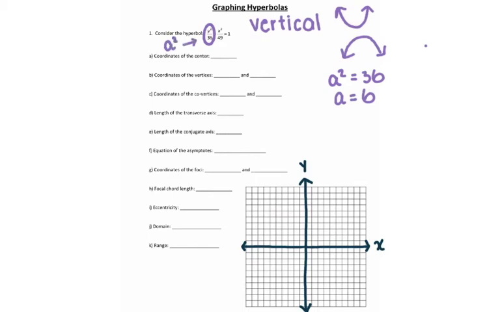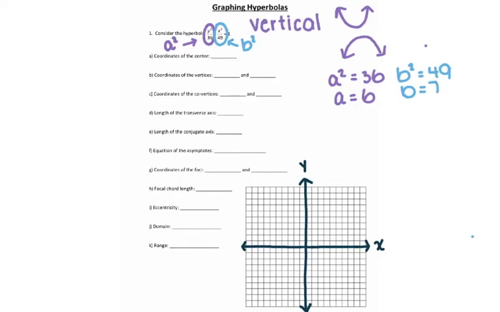And then 49 is going to be the B squared. So that's always going to come second. So B squared is 49. B is 7.